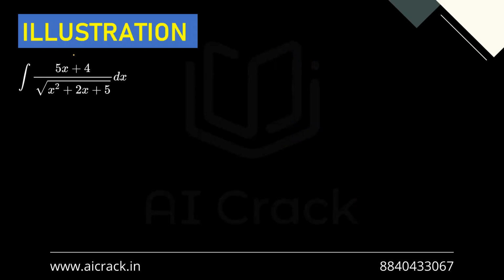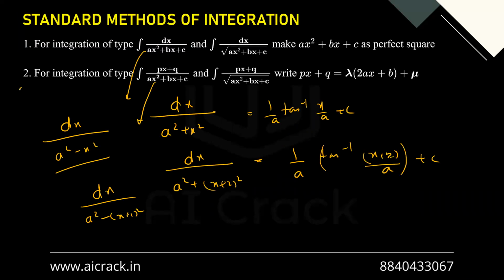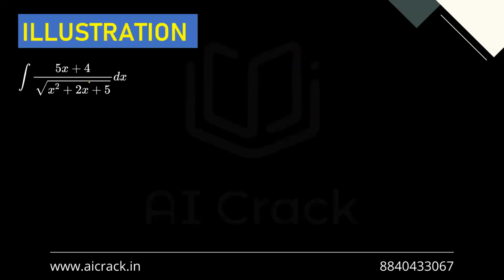Now let's look at this illustration. So this is the part of the second example, the second case, this one. Let's see how to proceed with this one. So we have integral 5x plus 4 divided by under root x square plus 2x plus 5. So the first task is to calculate the derivative of this one. The differentiation of this one would be 2x plus 2.